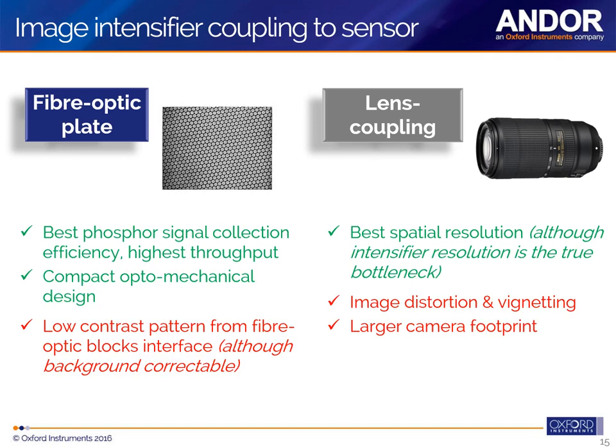Lens coupling, however, potentially suffers from distortion and vignetting if the lenses are not properly optimized. And also, to fit all the optical elements, the distance between the back of the phosphor and the sensor has to be increased, and that creates a bigger footprint for the camera.